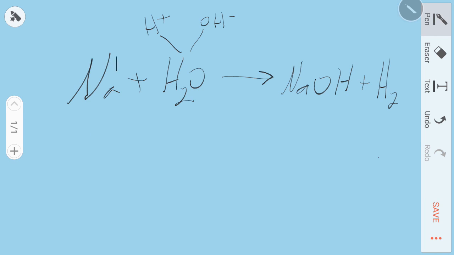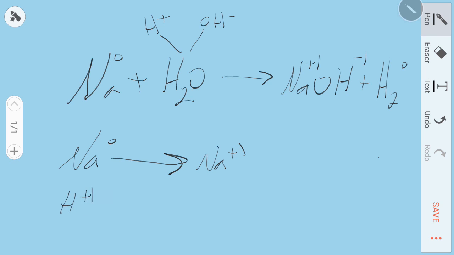So here, sodium has a charge of 0. When I look at my products, I can see automatically I have hydroxide and sodium. Hydroxide I know has a -1 charge. Therefore, sodium has to have +1, or you can look at a periodic table, it's in group 1. And hydrogen here is a diatom, so it's 0. Sodium went from 0 to +1.